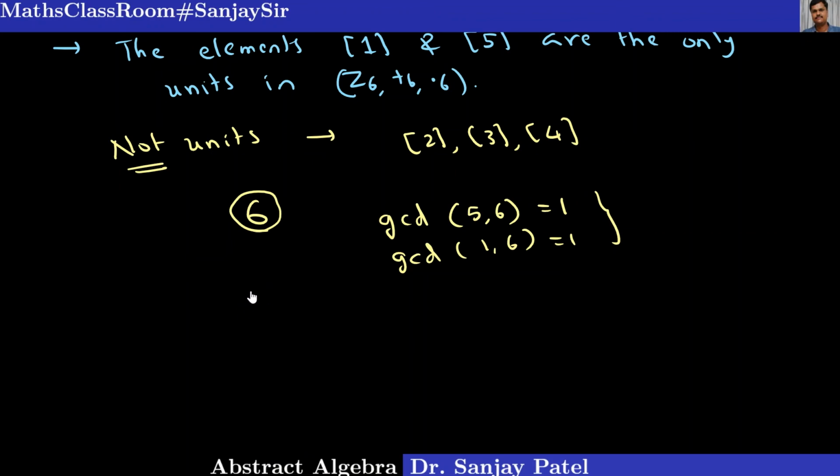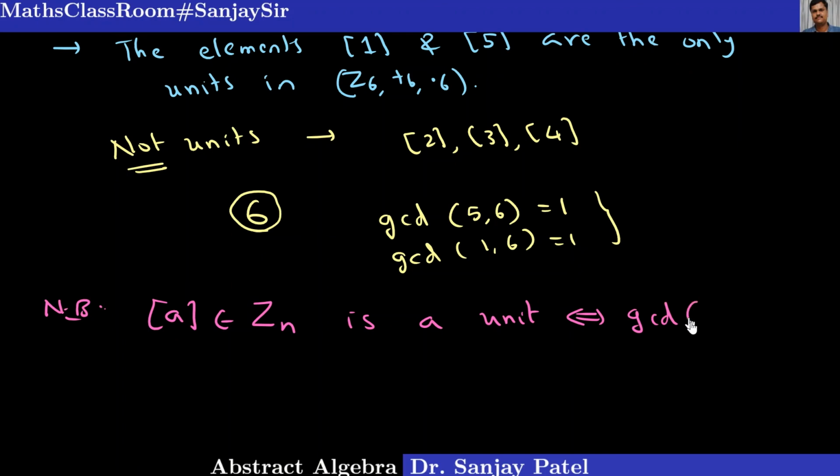And this can be generalized, and we will be discussing that as an interesting problem later on. Still, if you are more curious, you can try to solve this problem yourself if you know some number theory. Okay, note that an element class A belonging to Zn, in general form, is a unit if and only if the GCD of A and N is equal to 1.